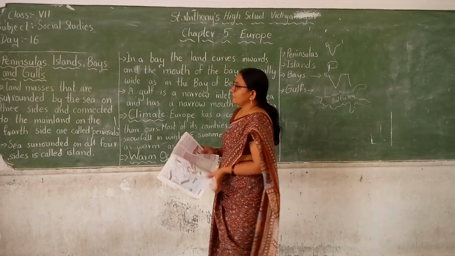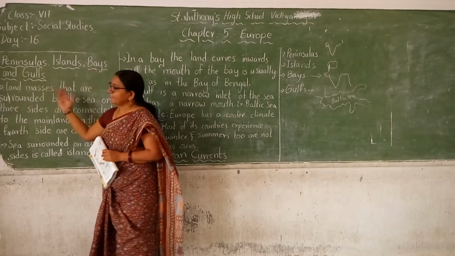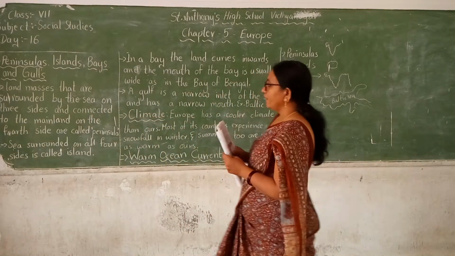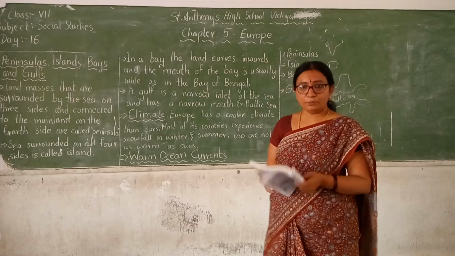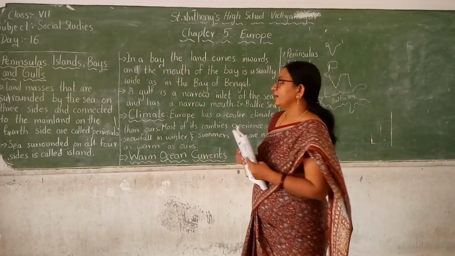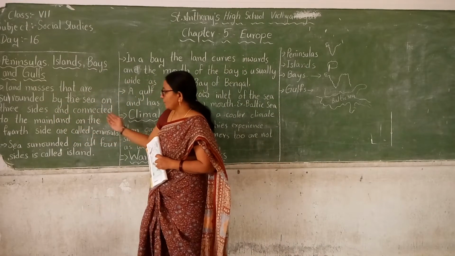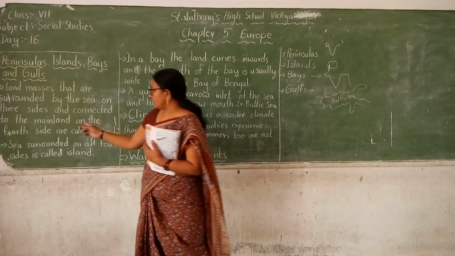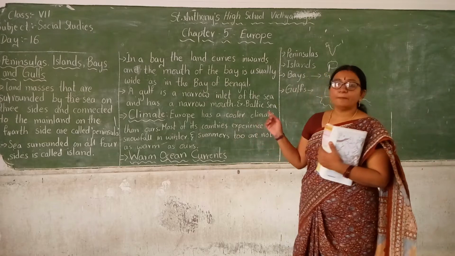Now let us know what are peninsula, islands, bay and gulf. What is the difference between these four? These lands are all found in Europe, so it is very important to know about them. Land masses that are surrounded by the sea on three sides and connected to the mainland on the fourth side are called peninsulas.